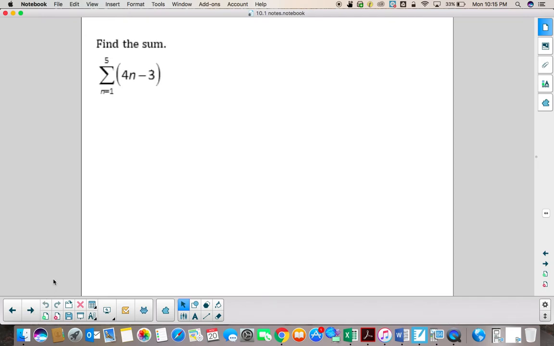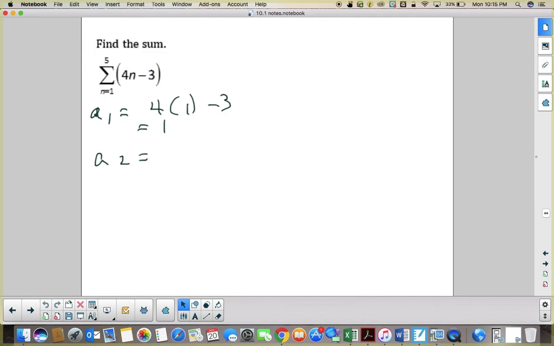Okay, so for us, if you get to use your calculator, I'll show that, but if not, you're just going to basically say, okay, a sub 1 would be 4 times 1 minus 3. 4 minus 3 would give you 1. A sub 2 would be 4 times 2 minus 3. 8 minus 3 would give us 5. A sub 3 would be 4 times 3 minus 3, and that would give us 9.